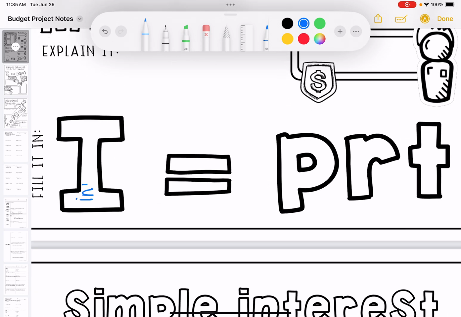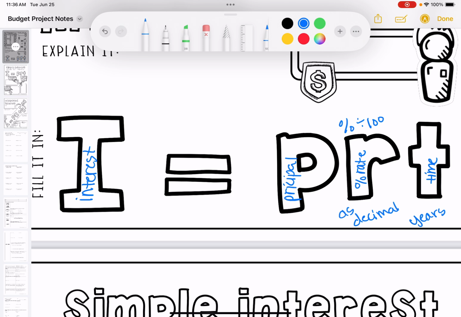So we have interest, principal, percentage rate, and remember you take it, divide it by 100, and then time in years.